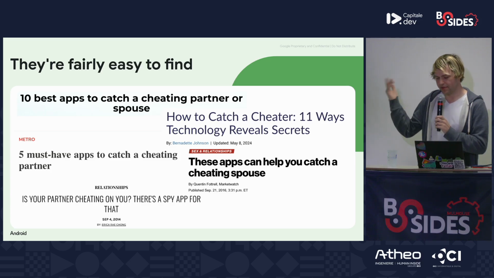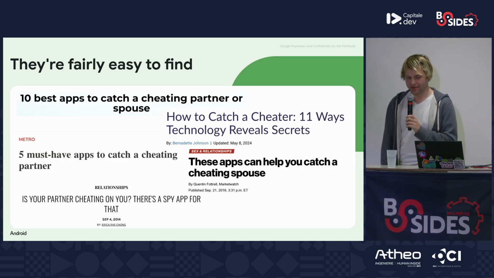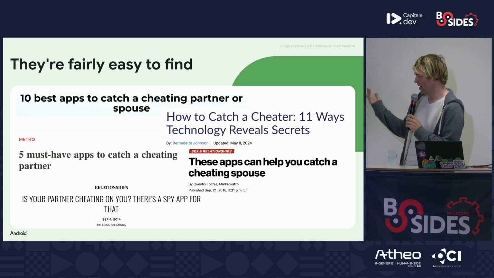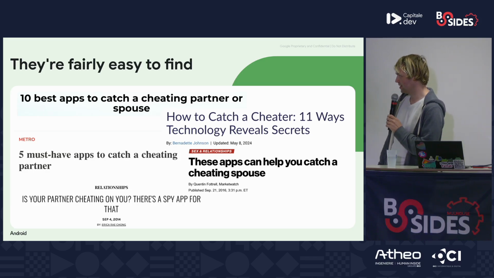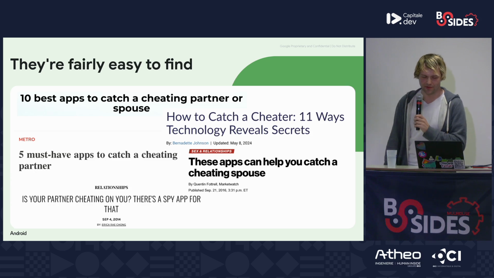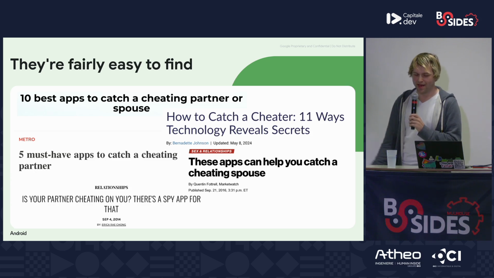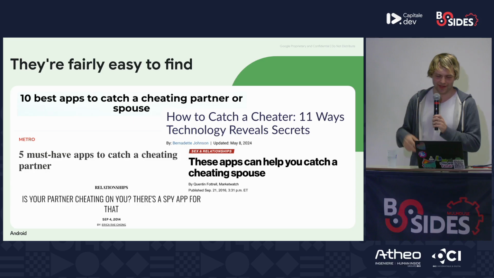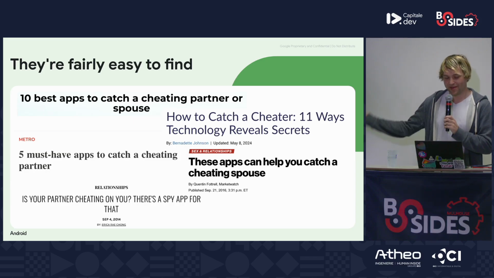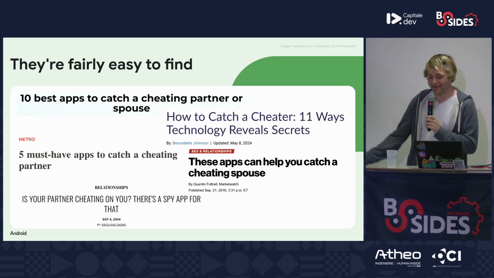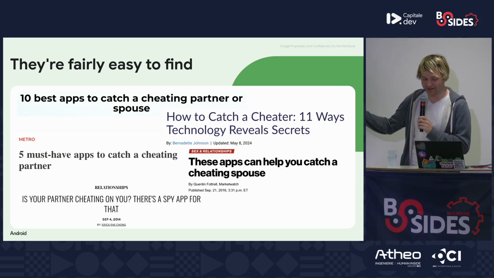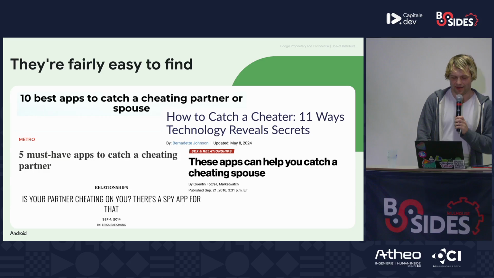And the ads are also all over the internet in different, unfortunately, news websites or tech websites. So we have "10 best apps to catch your cheating partner or spouse," "How to catch a cheater: 11 ways," "5 must-have apps." I don't know why you need more than one. "These apps can help you catch a cheating spouse" and all that.